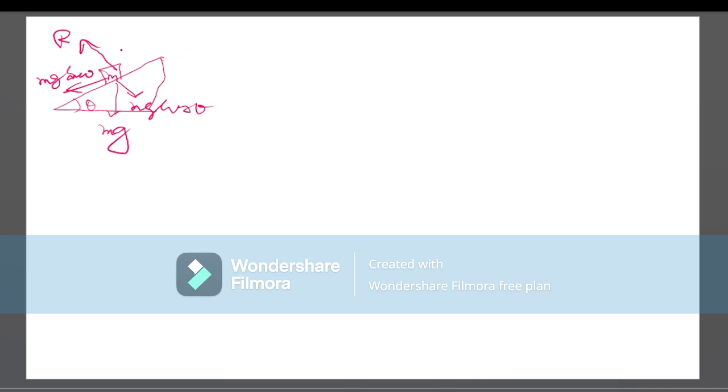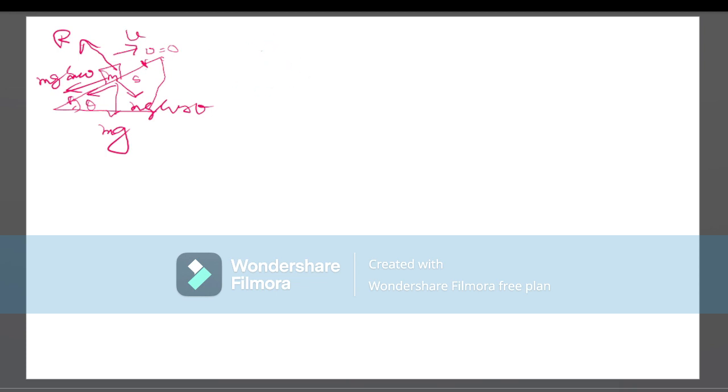Now consider a case where you give an initial velocity u to the body, and as the body moves upward, the frictional force acts downward. Say this frictional force is F, and after covering a certain distance, the velocity of the body becomes 0. So this is the situation. We need to calculate the distance through which the body will move up the inclined plane.